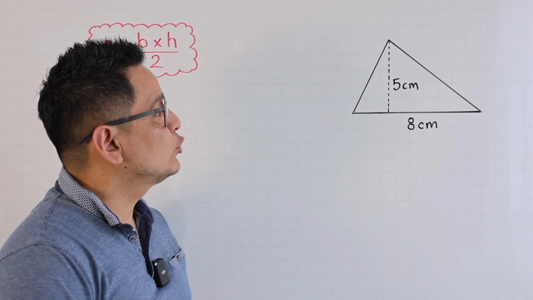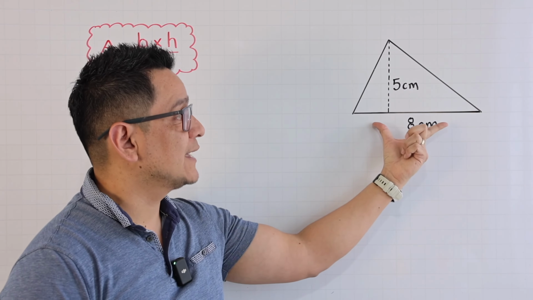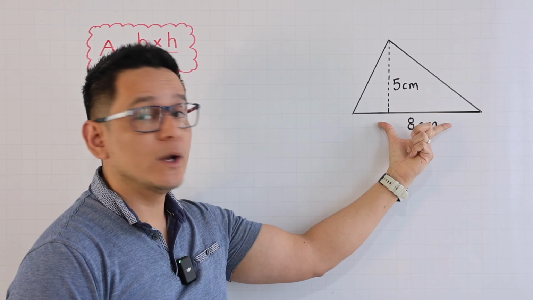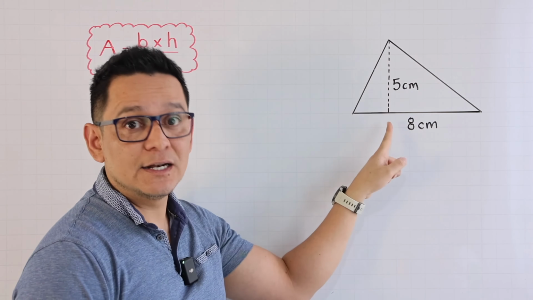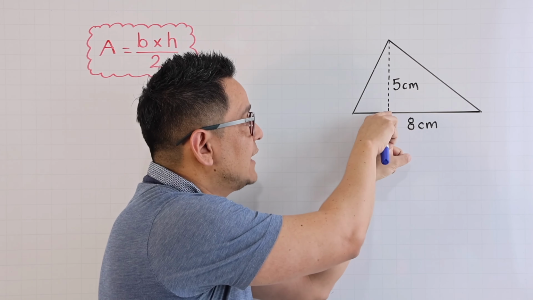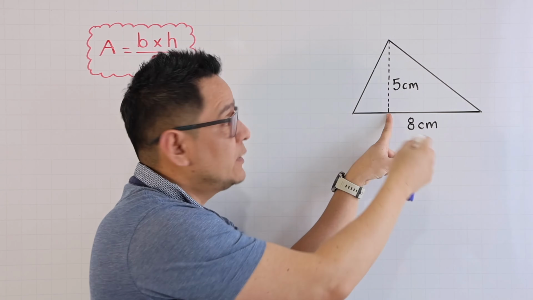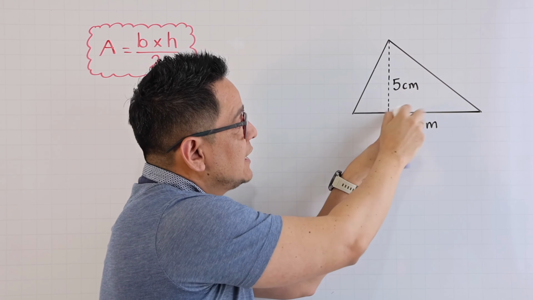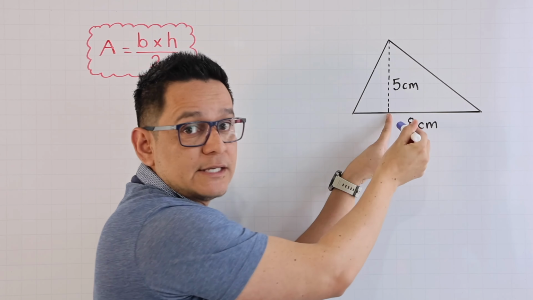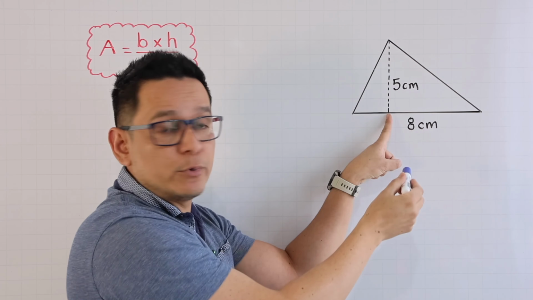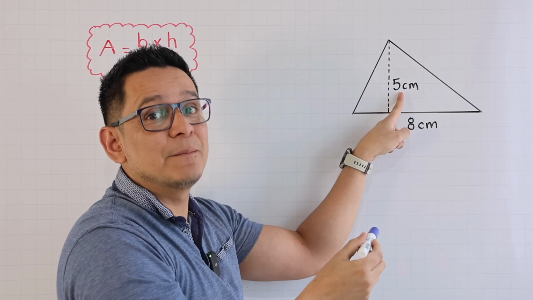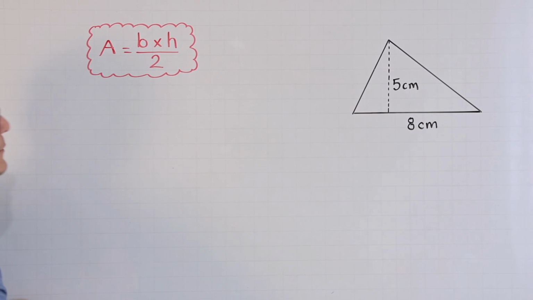In this second exercise, I want you to notice that they are directly telling me the length of the base, and they are also giving me the measurement of the height right away. What is it that goes from here to here? Don't forget, it's the line segment that is perpendicular to the base, meaning it forms a 90-degree angle and passes through the opposite vertex. So this will be my height. So we're just going to substitute.